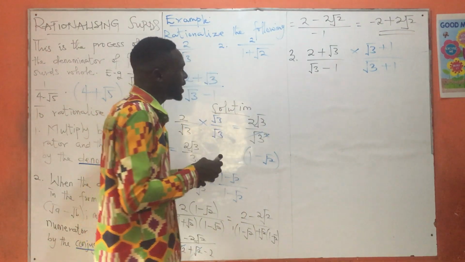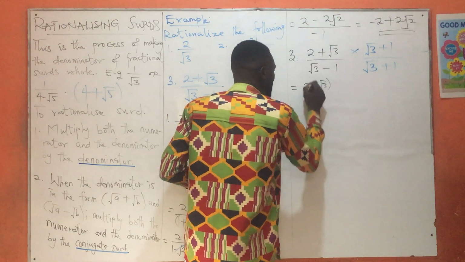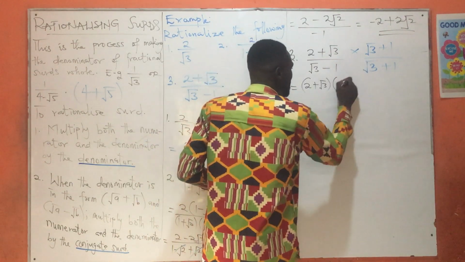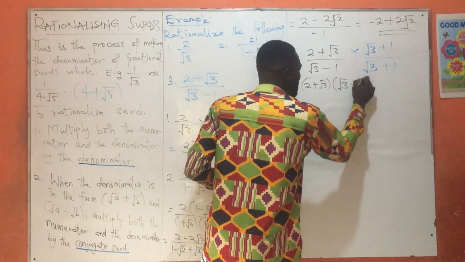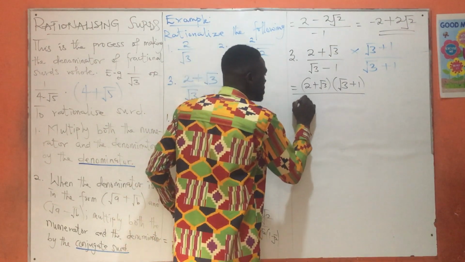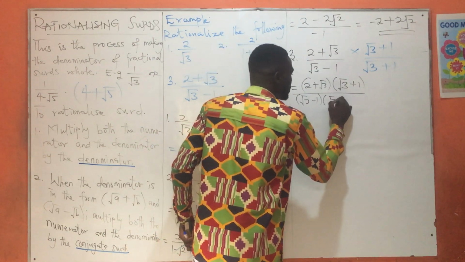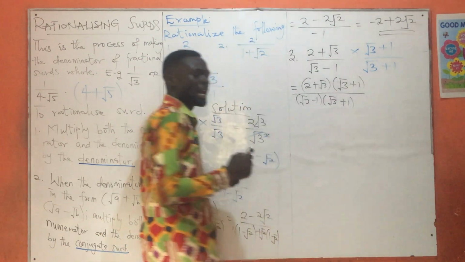So to arrange it, we are going to say 2 plus root 3 in a bracket. Then we have another bracket, root 3 plus 1, also in a bracket. All over root 3 minus 1 in a bracket. Then we have root 3 plus 1 in a bracket.